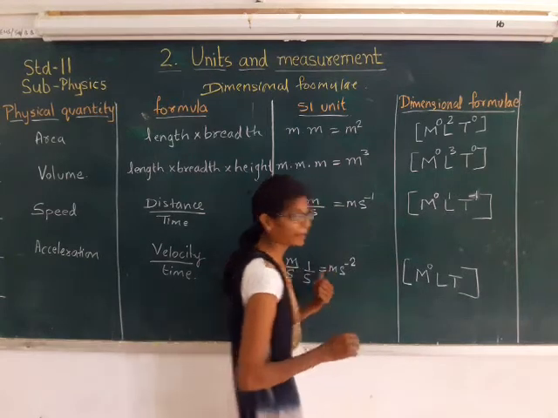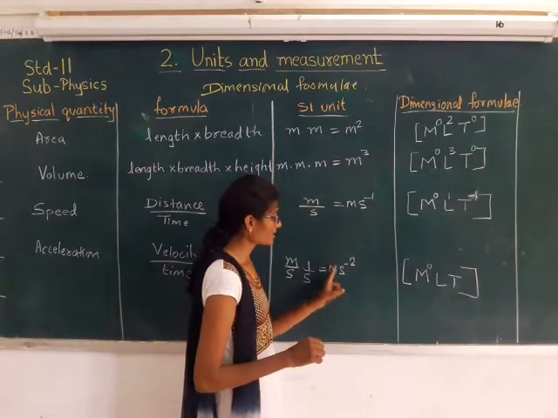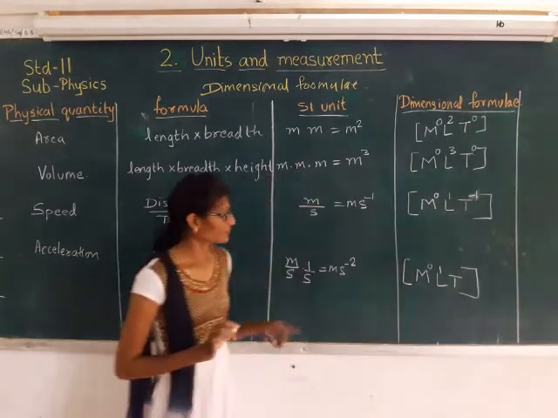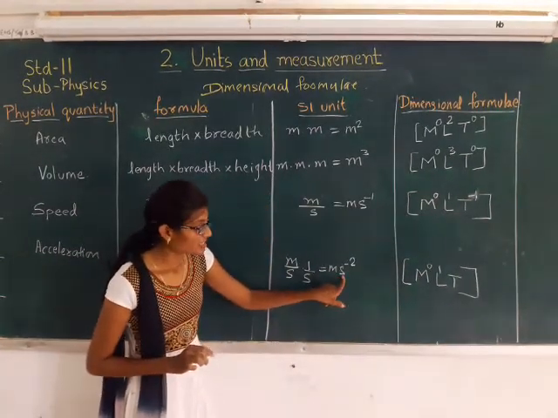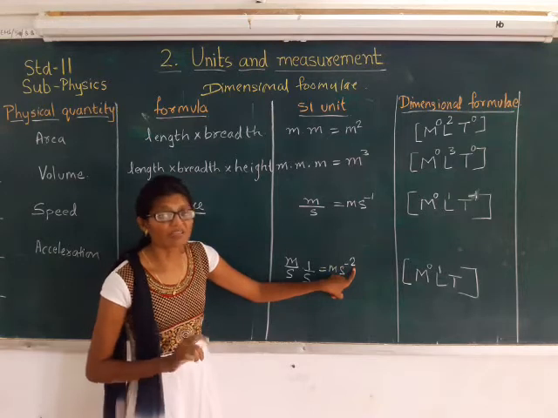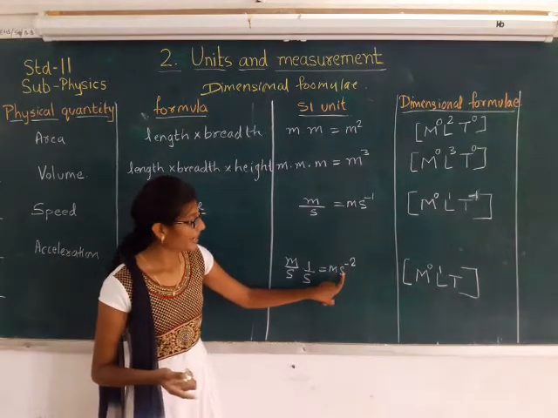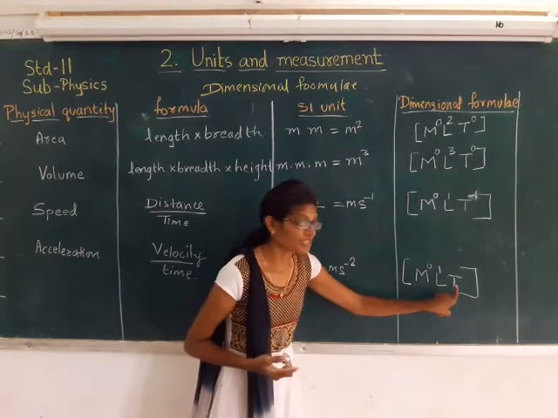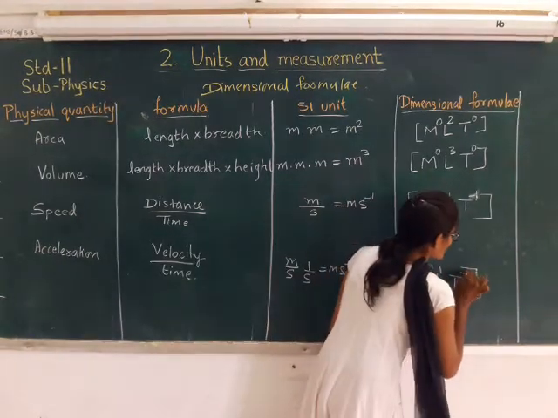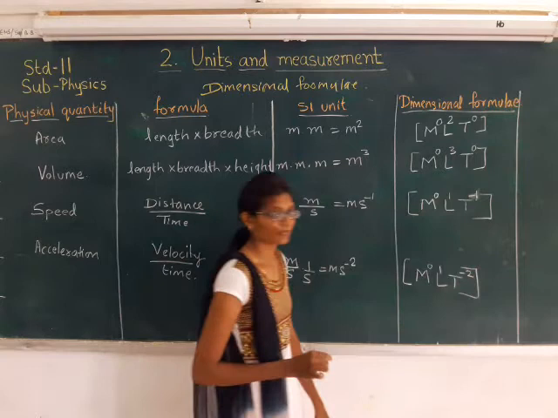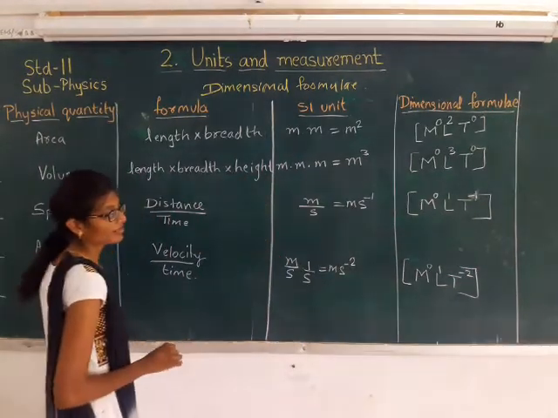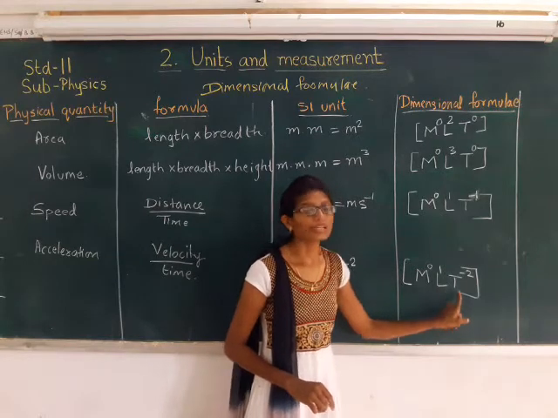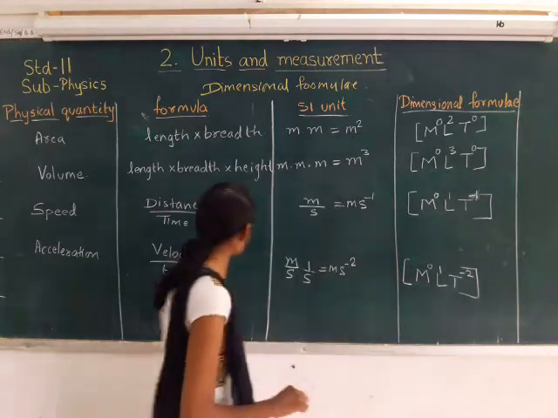So we write 1 on L. Then I have written second square. S has power -2, right? And S is the unit for time. So on this T, for time, you can write -2, right? So the dimensional formula for acceleration is M^0 L^1 T^-2.